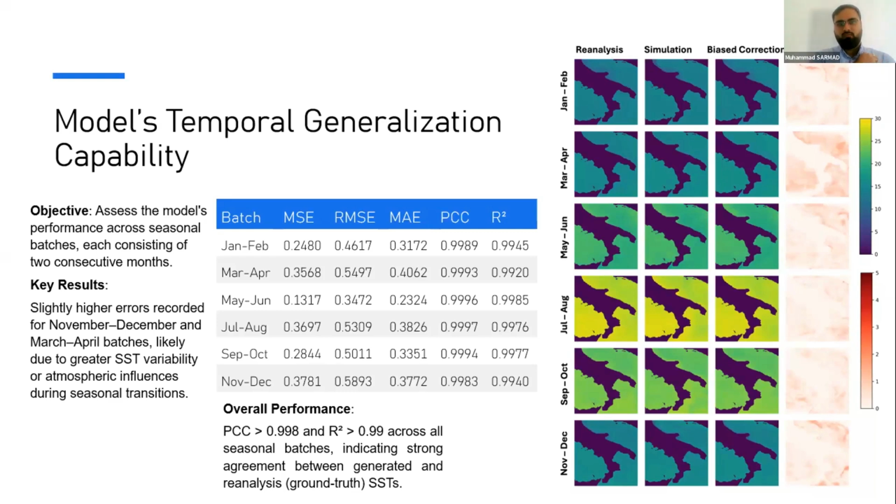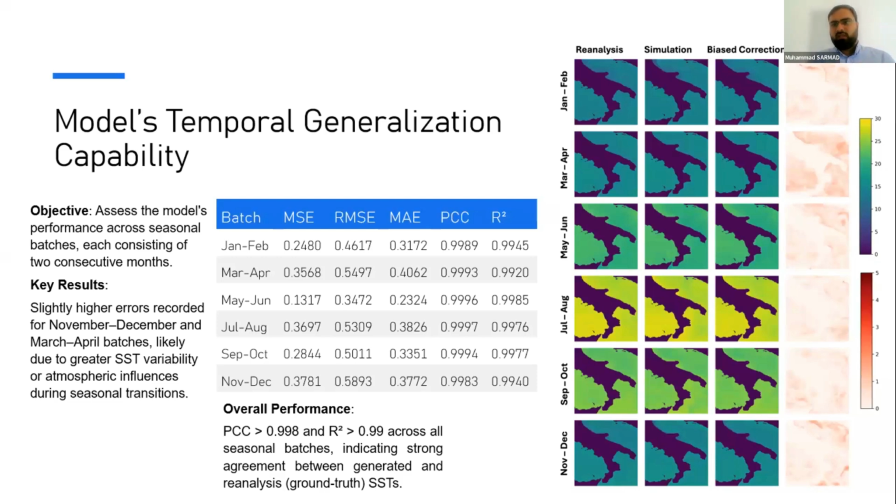So again, we calculated all the metrics as above, and they also show that when we move from November, December, and again from March, April, which is the transition period of two different seasons, our model shows a little bit of variation in the performance.